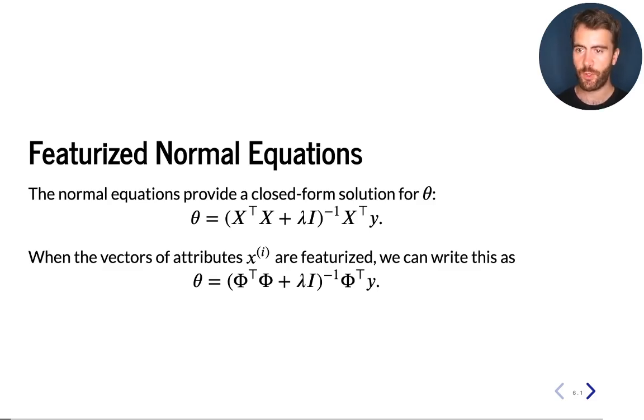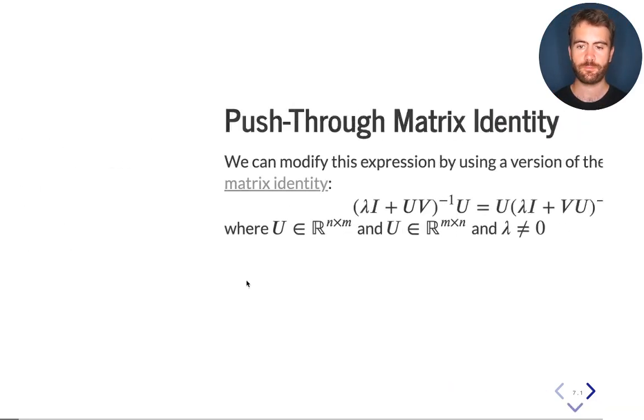And specifically, we would instead solve the following equation, which is simply our normal equation, but now computed in the space of features instead of in the space of attributes. So this will give us a solution for the optimal parameters theta when the inputs are featurized with some features phi.